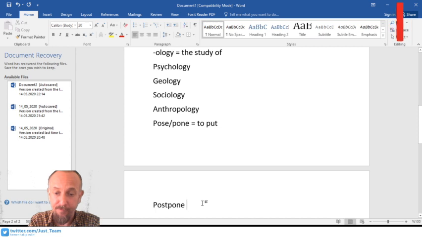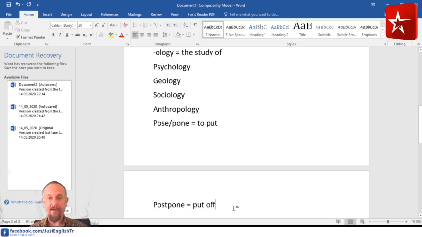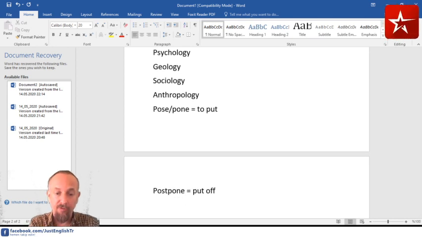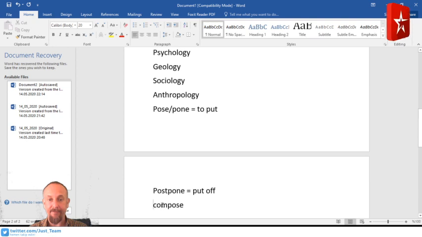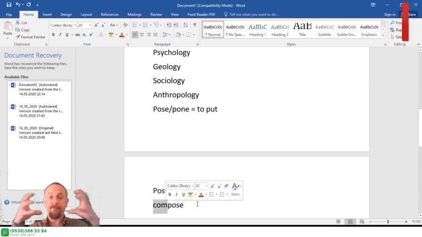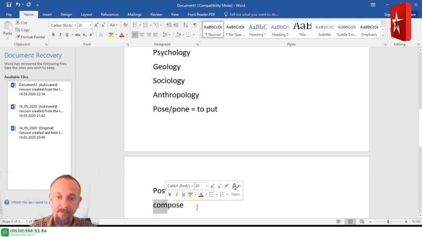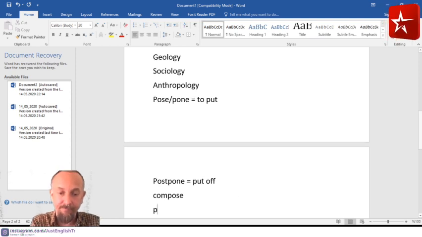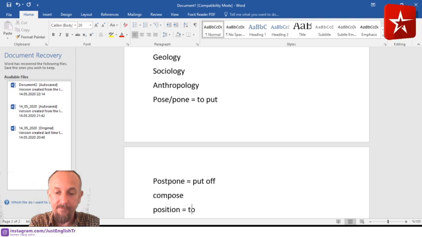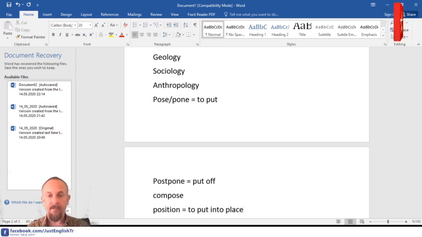Another word for postpone would be to put off, to delay the action of something. We have compose, and we know from earlier com means together, so to compose means to put together. And then we have position, which means to put into place. And so on and so on and so on.